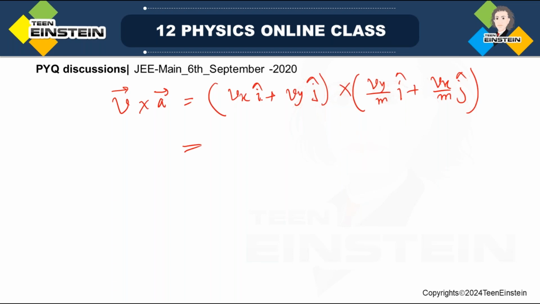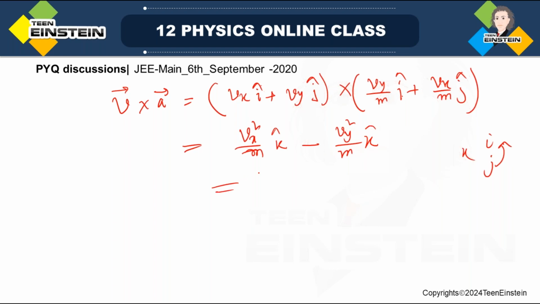Now if I take the cross product, I cross I will be 0, I cross j will be k, so this will be vx square by m along k cap, and j cross I will be minus k, so minus vy square by m into k cap.